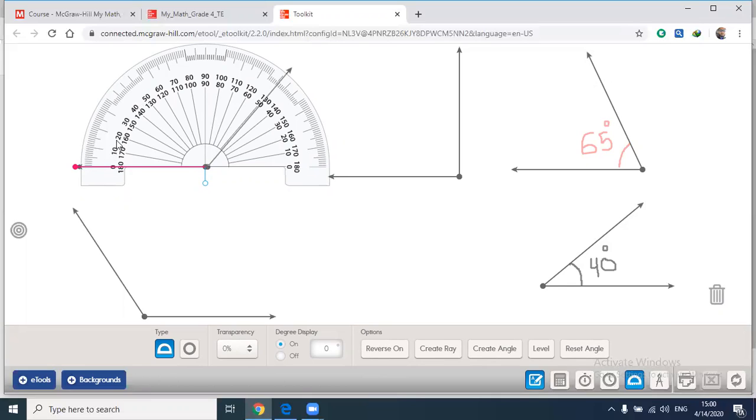Just start from 0, then follow the numbers, and continue until you reach the other side at 130. So the measure of this angle will be 130.